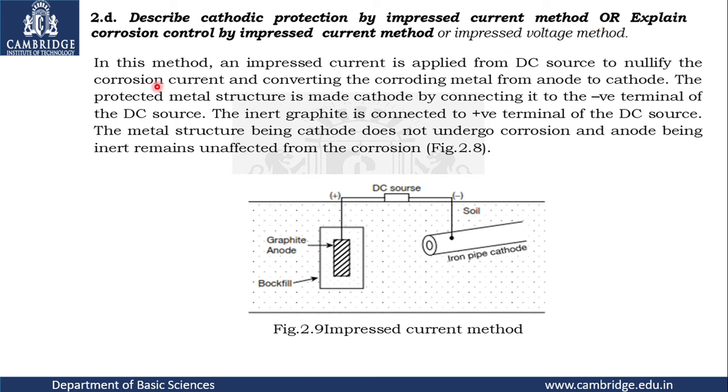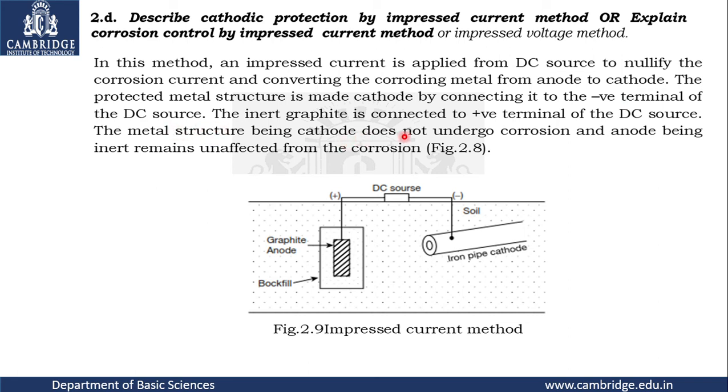Let me read the answer for your benefit. In this method, an impressed current is applied from a DC source to protect the metal from corrosion. And here the metallic structure can be converted to the cathode alone, converting the corroding metal from anode to cathode. The protected metal structure is made cathode by connecting it to the negative terminal of a DC source.